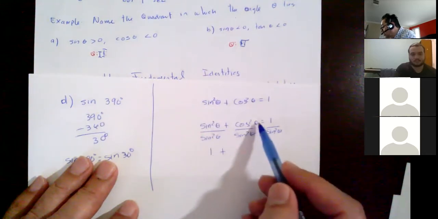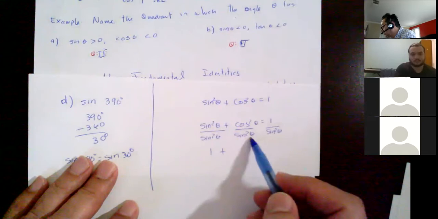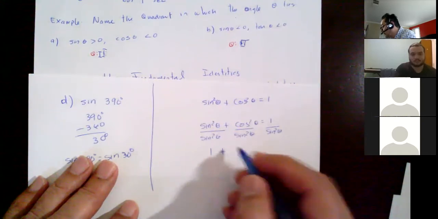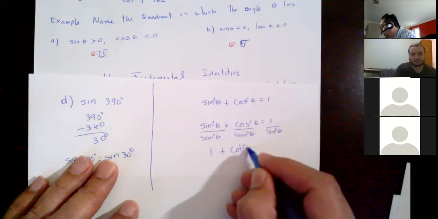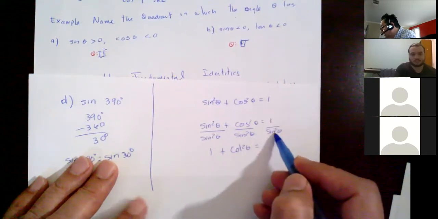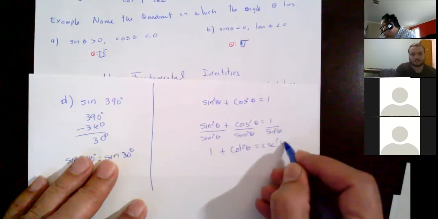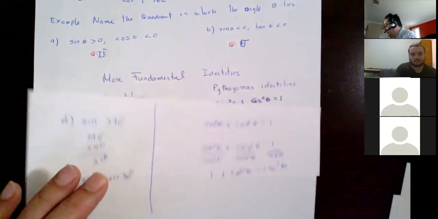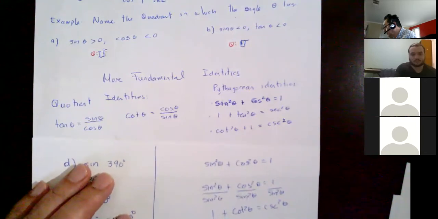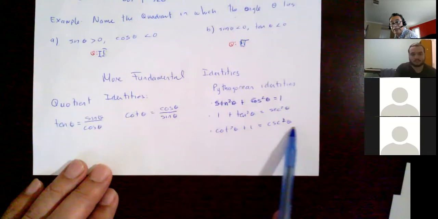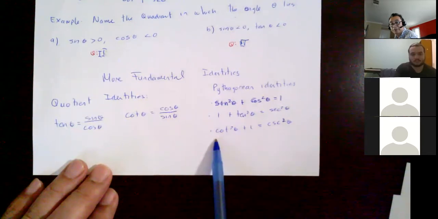What is cosine squared of theta divided by sine squared of theta? That is cotangent squared of theta. What is 1 over sine squared? That equals cosecant squared of theta. So if you notice, that is the third identity that we got right here.